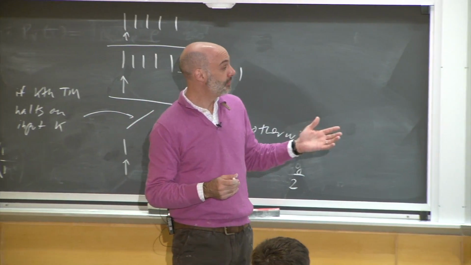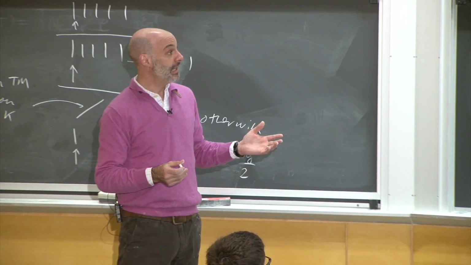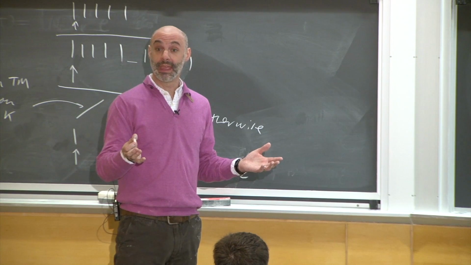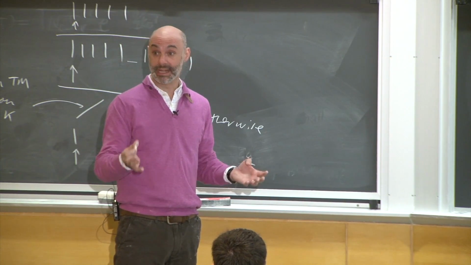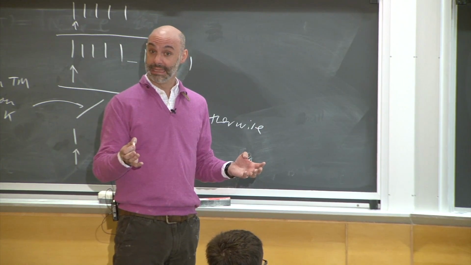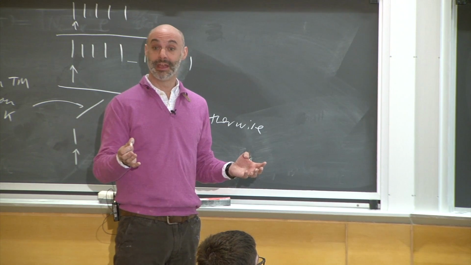OK, so we have our evil machine program. And because our evil machine is, we're assuming, a Turing machine, it has its number in our canonical numbering. Let's say that it's the eth number.